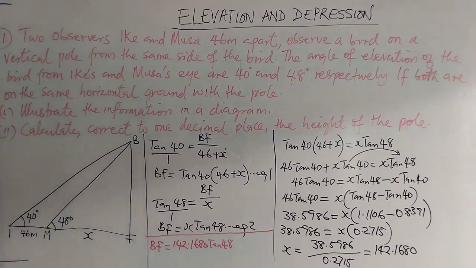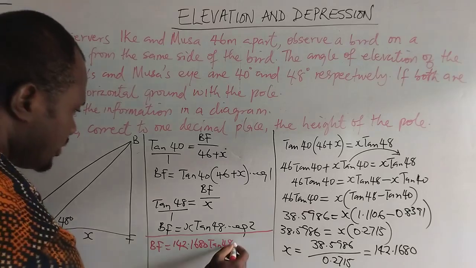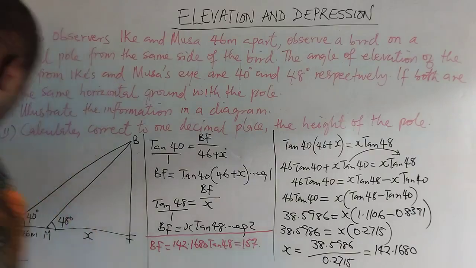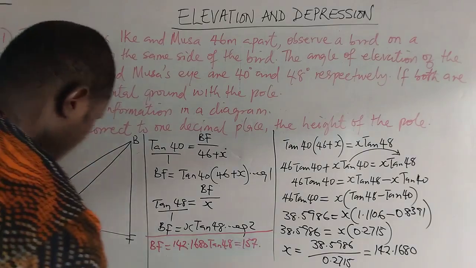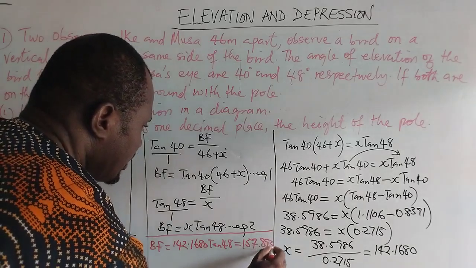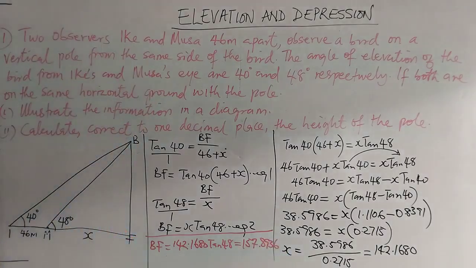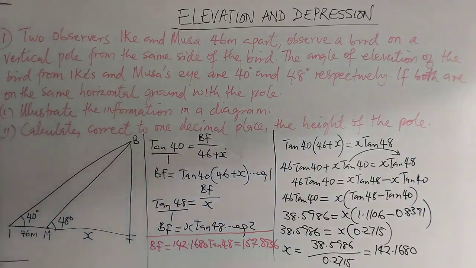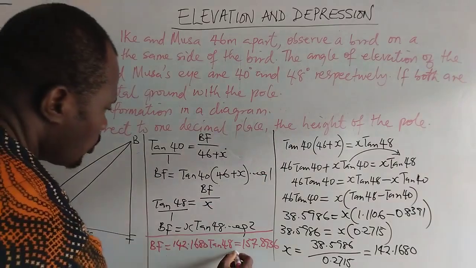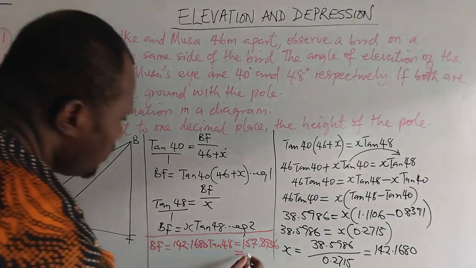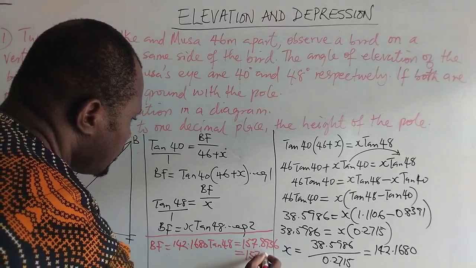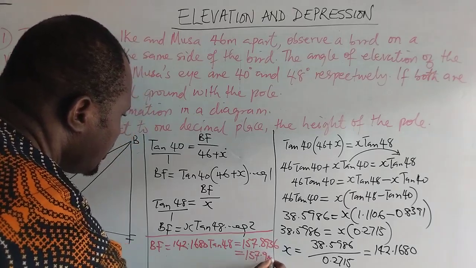If you use calculator and work that out, you will get 157.8936 to 4 decimal places. Then the question says correct to 1 decimal place. That's for the final answer. And if you correct this to 1 decimal place, it will give you 157.9 meters.